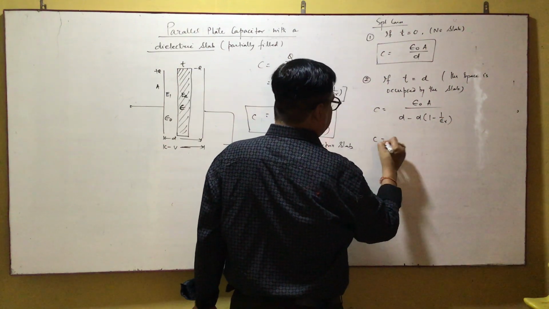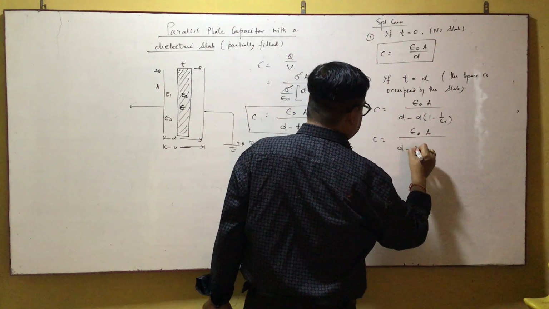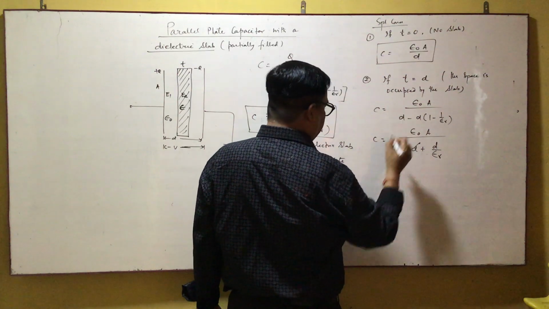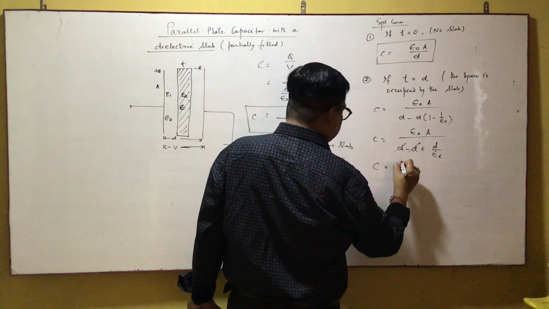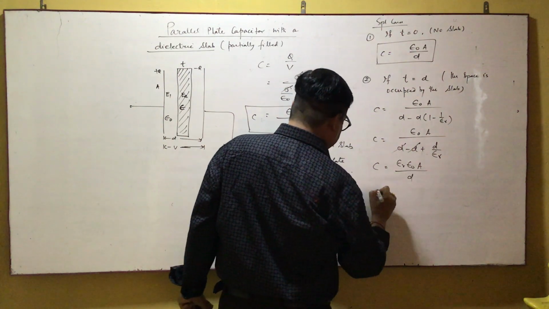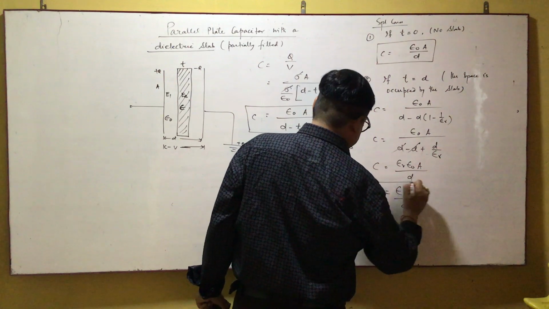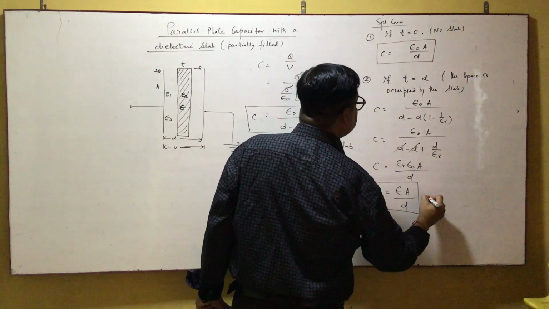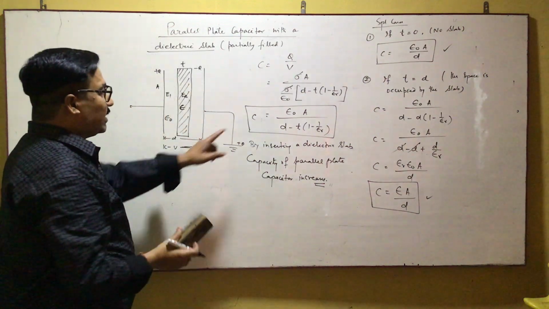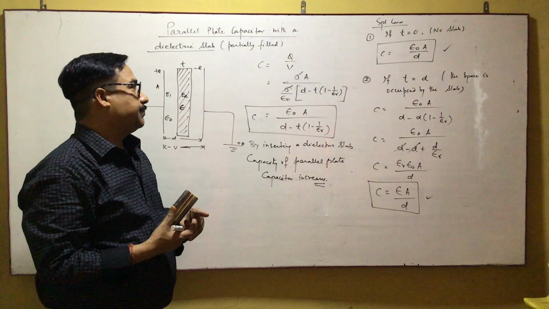Solve this. C is epsilon naught A upon D minus D plus D by epsilon r. So D cancels D, epsilon r goes up. So epsilon naught epsilon r A by D, and this can be written as epsilon A by D. So by using this expression, we can get the previous expressions also.